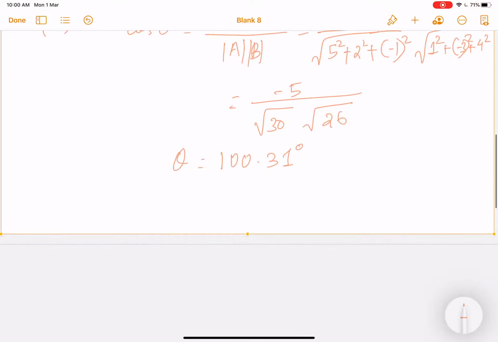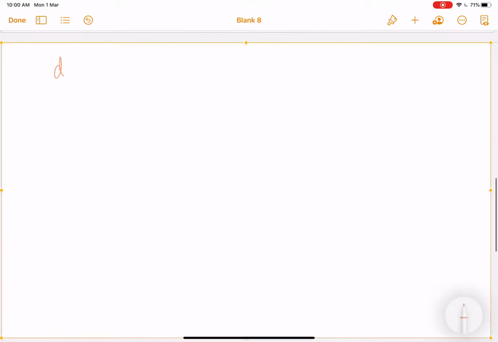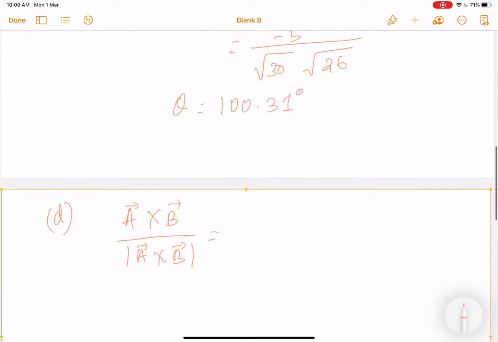Let's go for it. Part D is A cross B, and then it says a unit vector, so I'll just divide it by the magnitude of A cross B. I have already taken out A cross B.